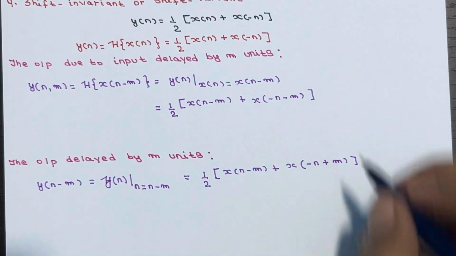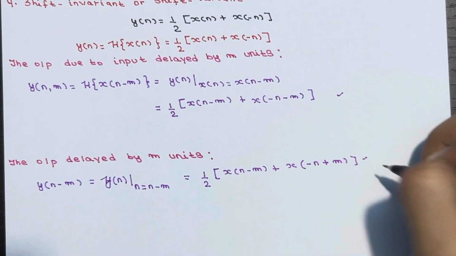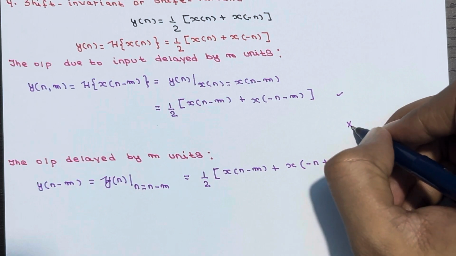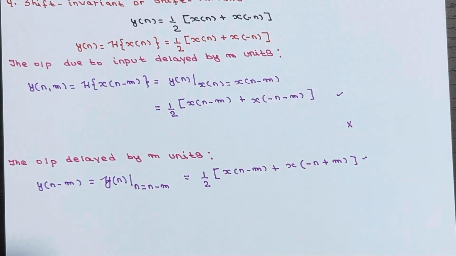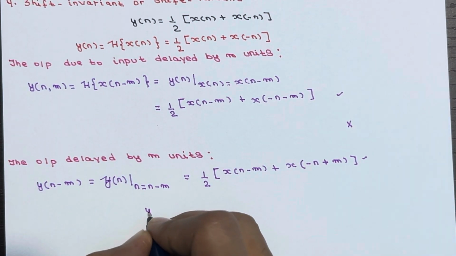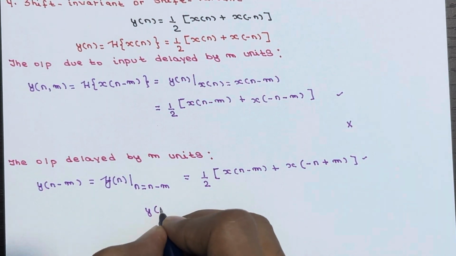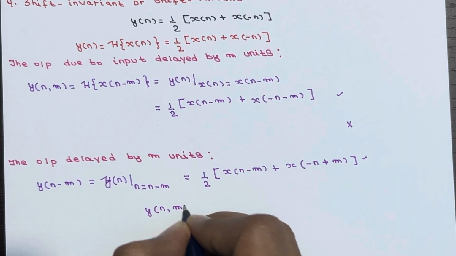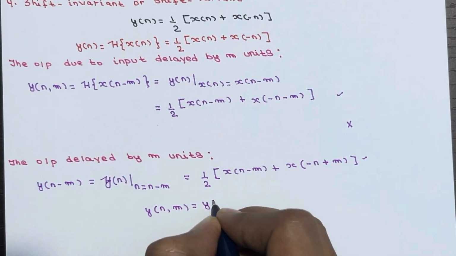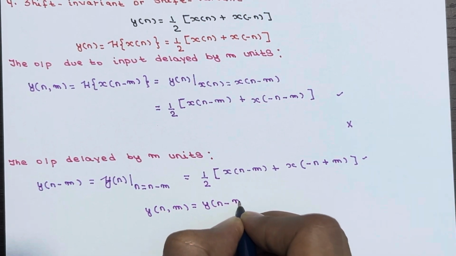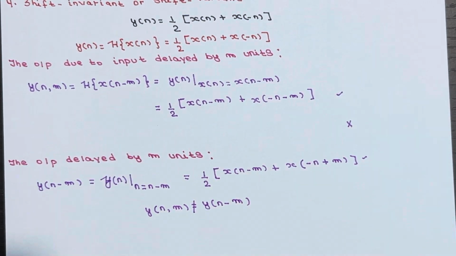Now tell me, are these two equal or not? Not equal, right? So we got to know that y of n comma m is not equal to y of n minus m. It means the output due to input delayed by m units is not equal to the output delayed by m units.